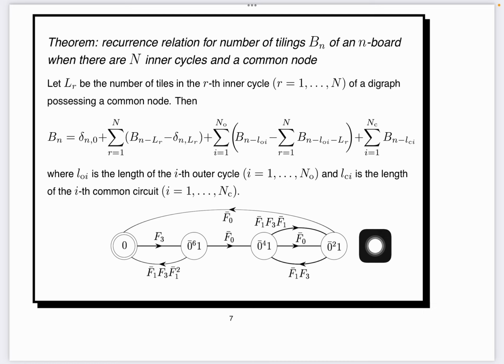It's somewhat surprising that this formula is so compact, given that some very complicated things can happen. To form a metatile, you could go to here and then execute this cycle a number of times, and then this one, and then go back to this one, and then return here to end your metatile. So in spite of that, the formula is relatively simple.